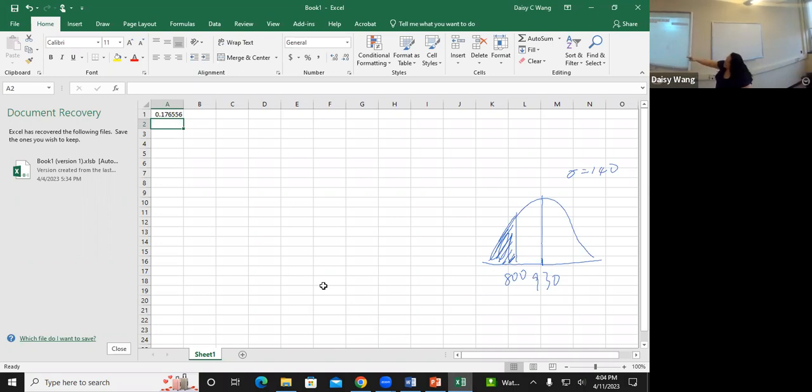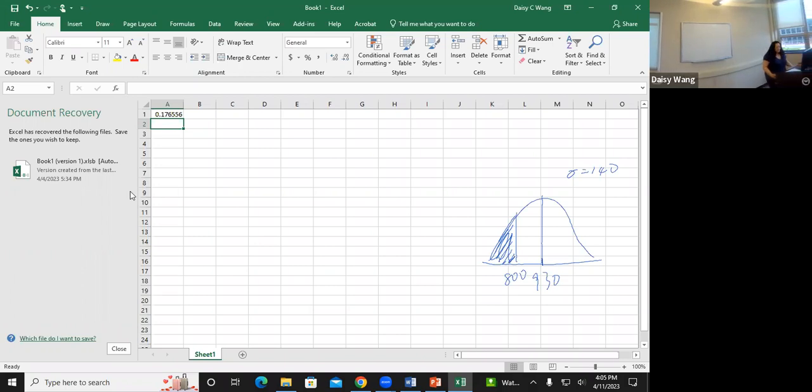In other words, 82.34% chance they will not have enough gas before the new truck comes in. So that's how we calculate this.